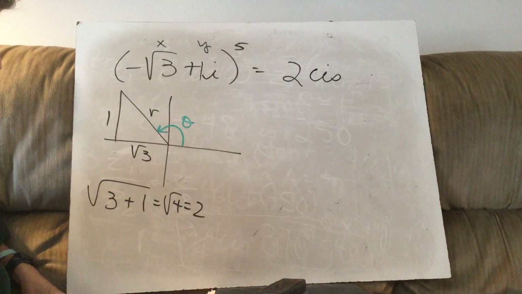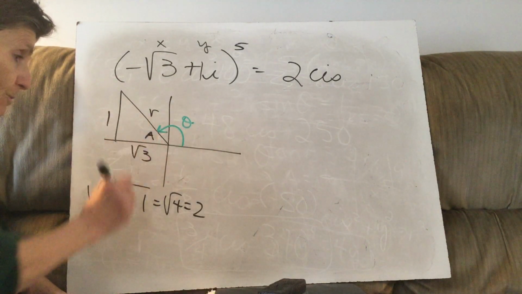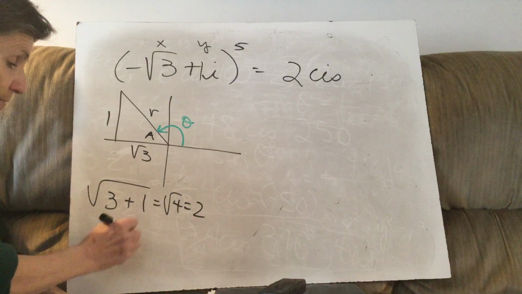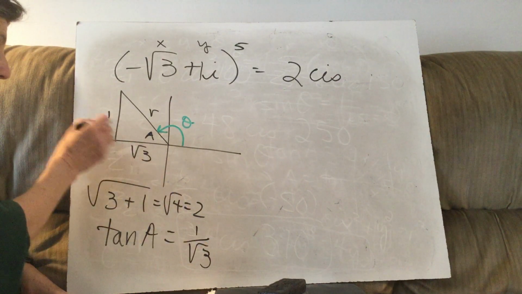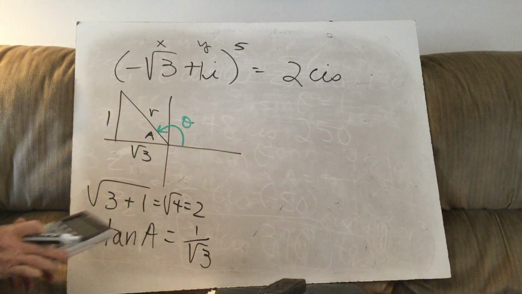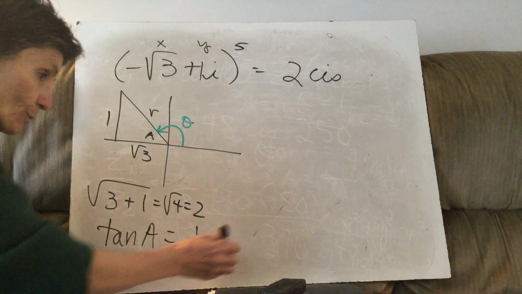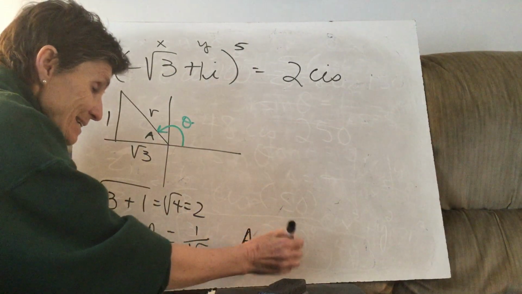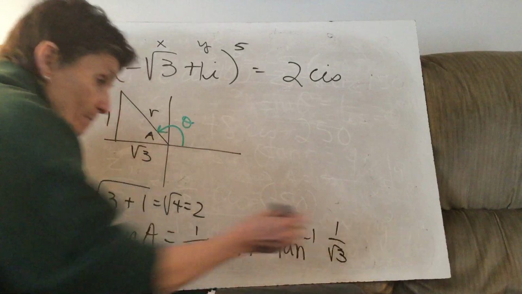Okay, now I need theta. So I got to find this angle first. So the tangent of that angle is 1 over root 3, opposite over adjacent. So I'm going to do second tangent 1 over root 3.